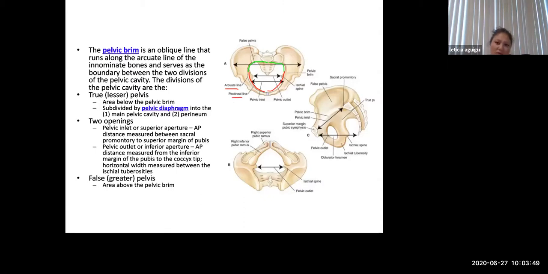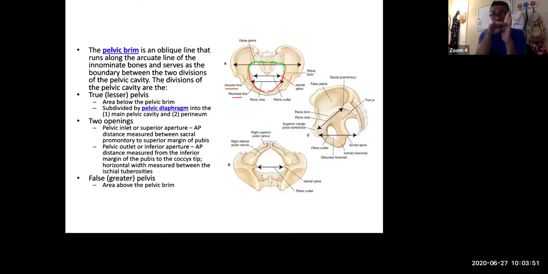Now, if this is the level of my pelvic brim, that means your pelvis is divided. From here, superior to the pelvic brim, we call it the false pelvis or the greater pelvic cavity. And from the pelvic brim further down, inferior to the coccygeal bone, I'm going to call it the true pelvis or minor pelvis.